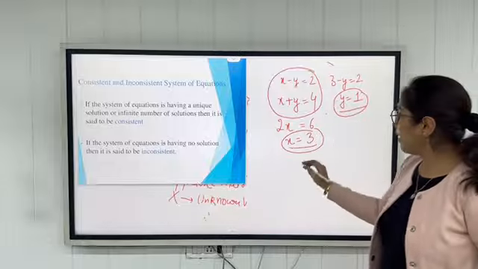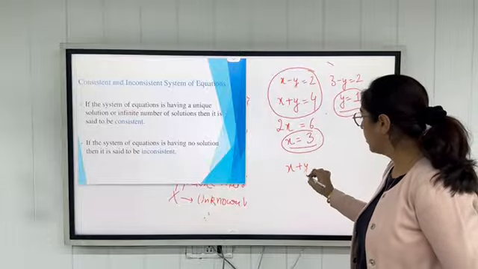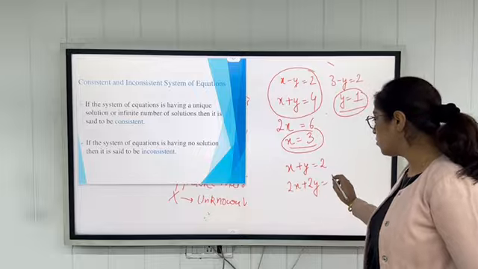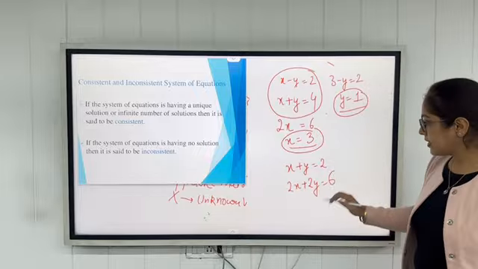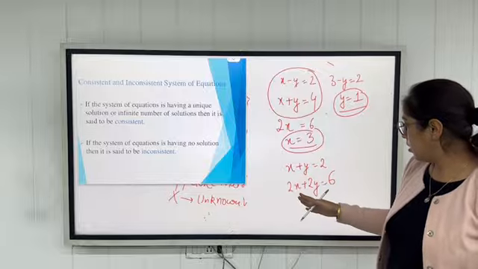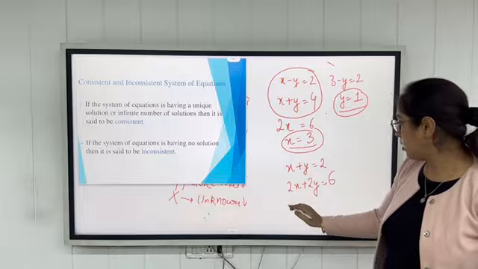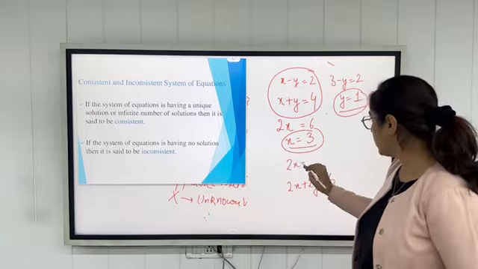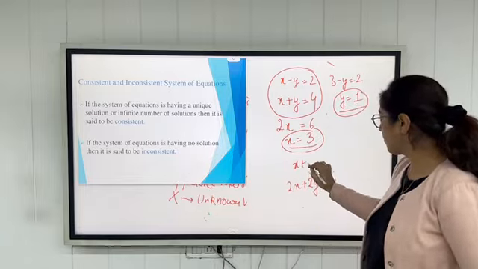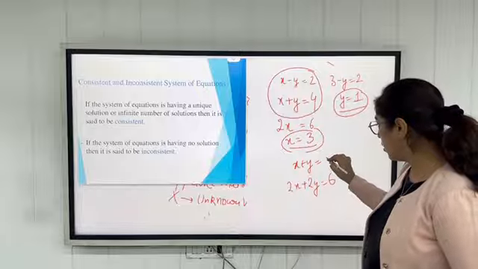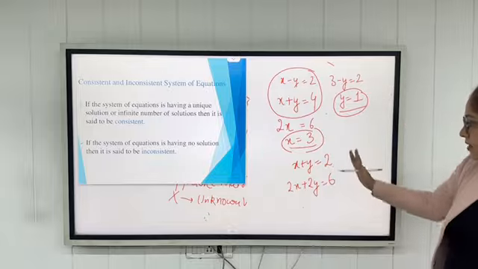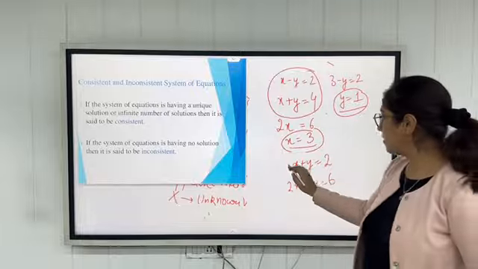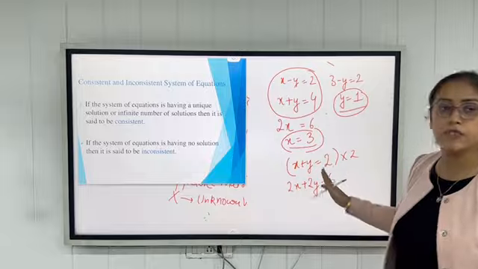If I write x plus y is equal to 2 and 2x plus 2y is equal to 6, suppose, you will see when you subtract them, or if I multiply this by 2, you will see this system of linear equations will have no solution.